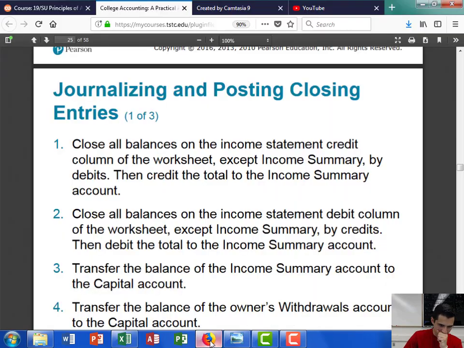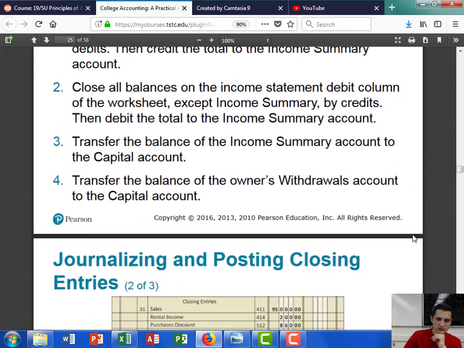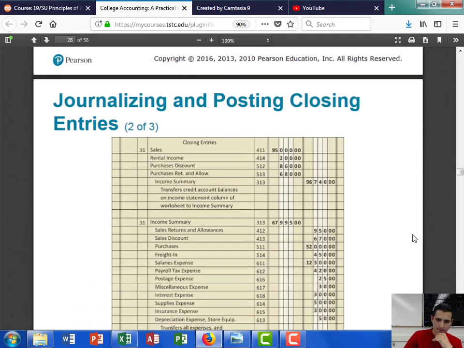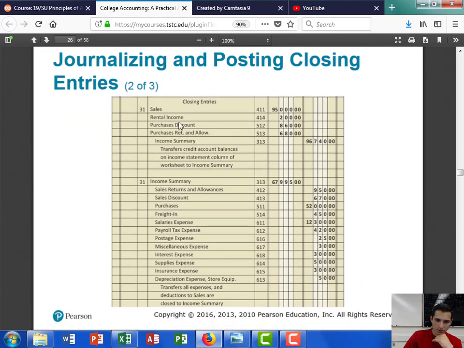So now, going back into your PowerPoint, it's basically showing the same thing that we just did. The example here is showing all those sales, or those revenues, being closed out into income summary. So this is all your revenues minus all your expenses, which are all these expenses totaled up to here. So these two numbers are inside your income summary T account.